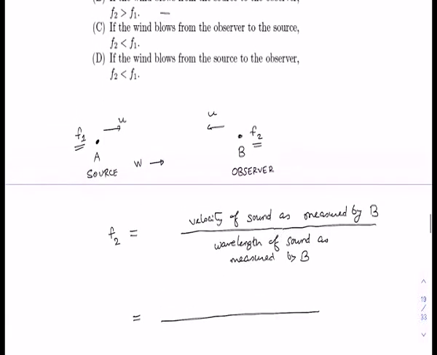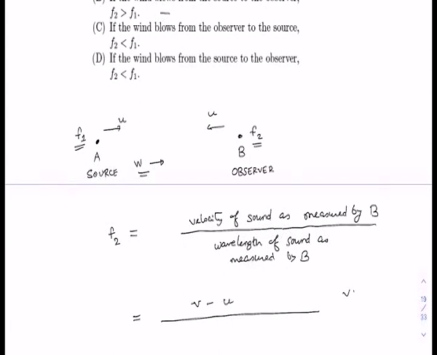You see, if suppose wind velocity is along this direction from source to the observer, velocity of sound would be, and first of all take the case where there is no wind blowing, so in that case you just write the velocity of sound as measured by B to be V minus u, right?